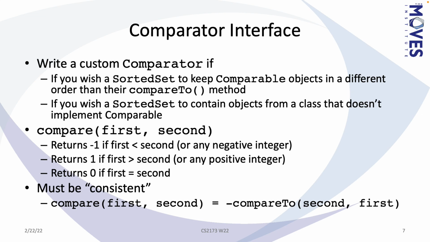For example, the default number compareTo sorts them in increasing order. But what if I wanted to keep them sorted in decreasing order? Well, I can't just do that automatically. I just have to do a little bit of extra work. I think I'll have time to show that.